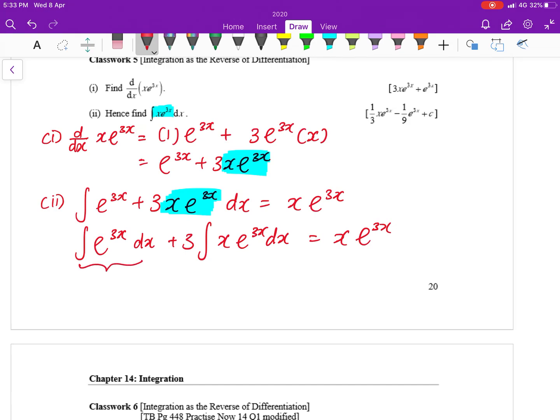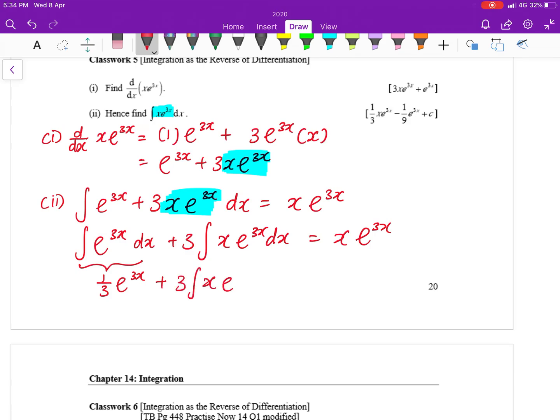Now let's focus on integrating this because this can be done. Integrating e3x, I will get 1/3 e3x. By right, I need to put plus c, but right now, as I mentioned earlier, I don't want to put c1, c2, c3, so I just ignore it for this part. At the final answer, I just write down plus c.